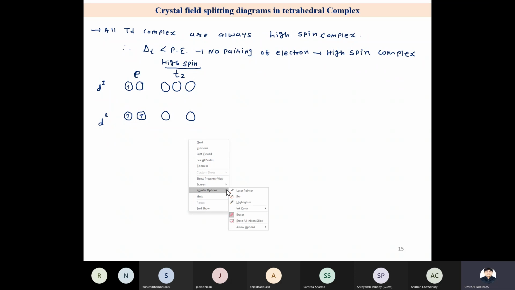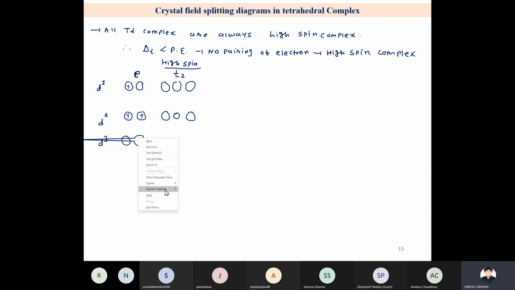What about d3? The third electron enters into the T2 set of orbitals. So maximum you can have 5 unpaired electrons. If you go for d5, then this becomes 2 in E and 3 in the T2 orbital.